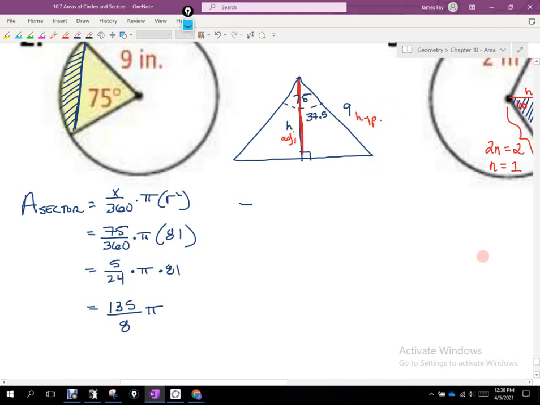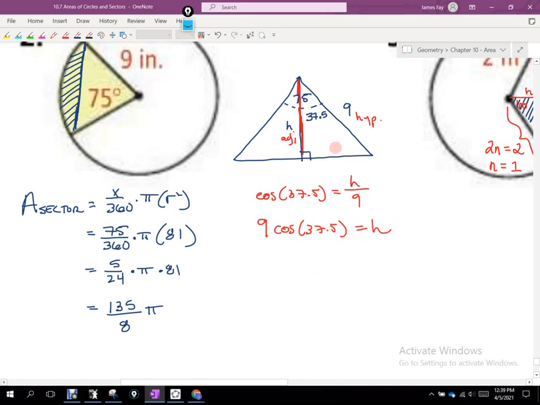So what am I going to use to find H? Cosine. So I go cosine of 37.5 is equal to H over 9, right? And then 9 cosine of 37.5 is equal to H.